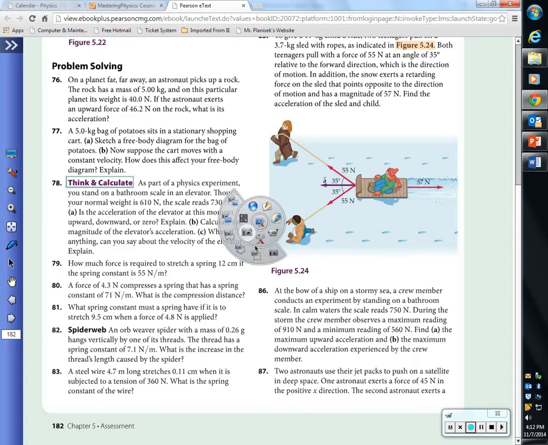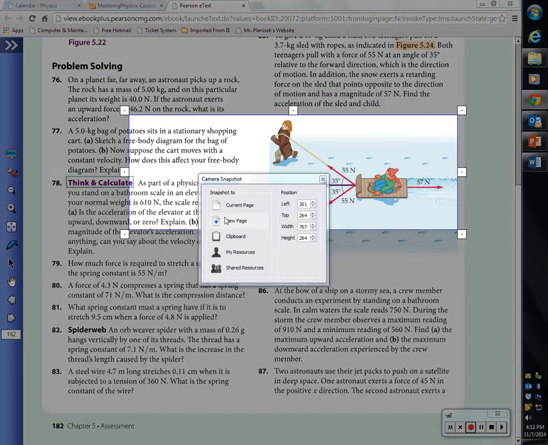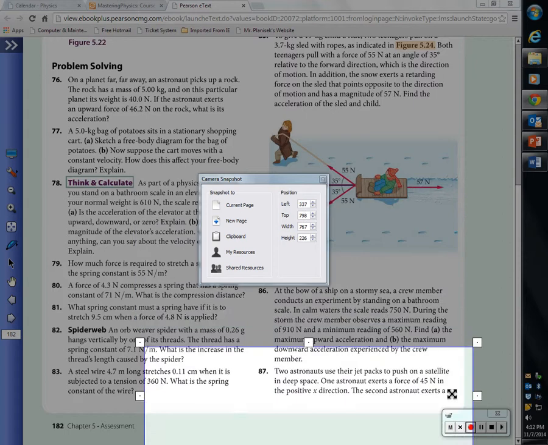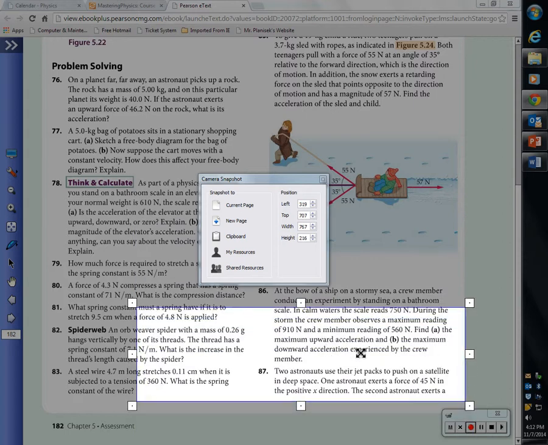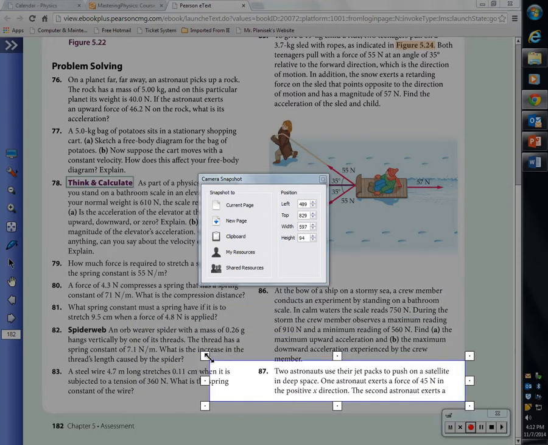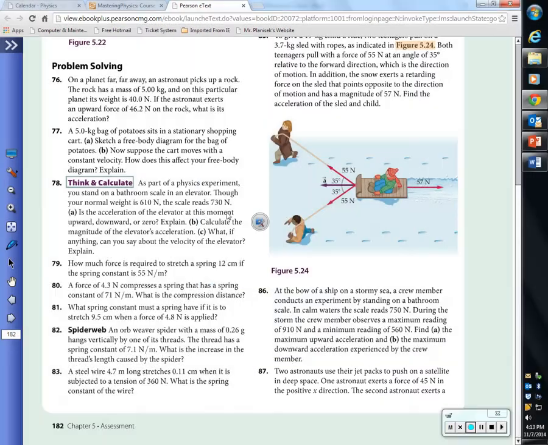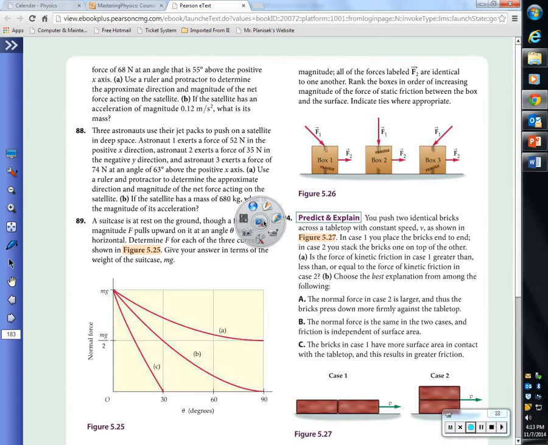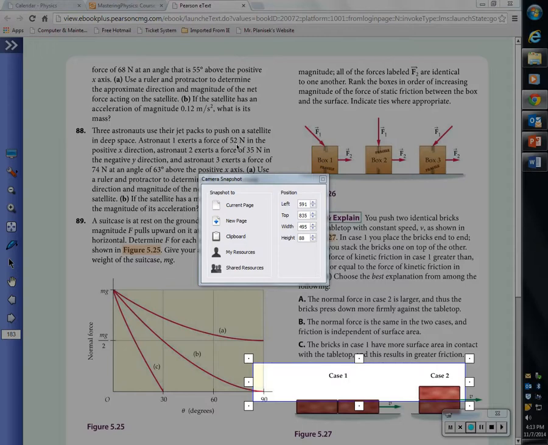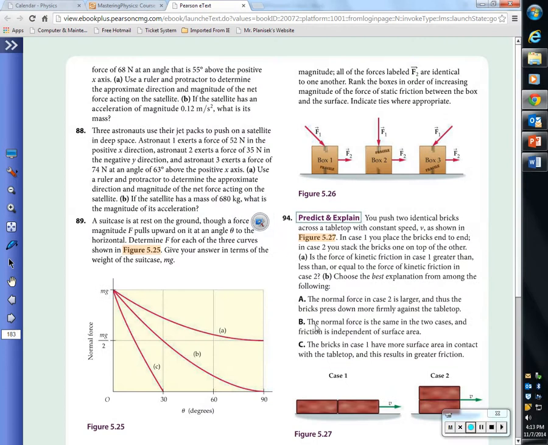All right. On page 182, number 87, that then continues on to page 183, just to make it less convenient for me.